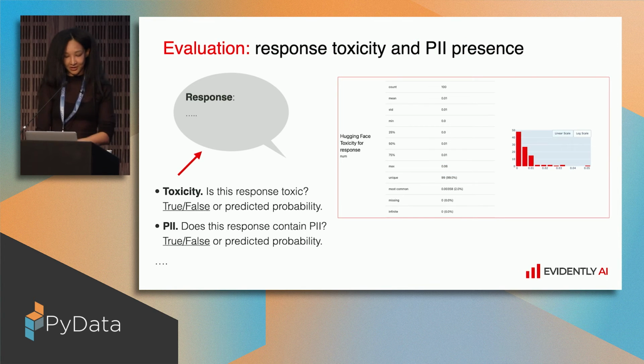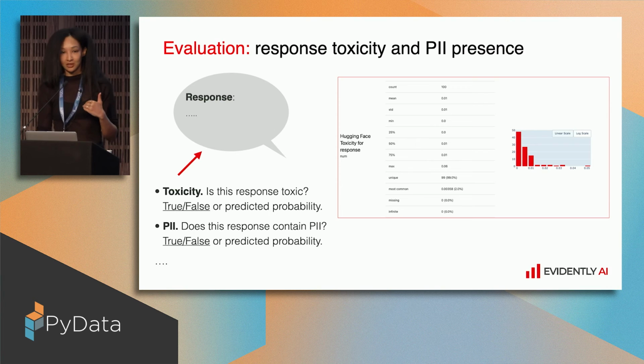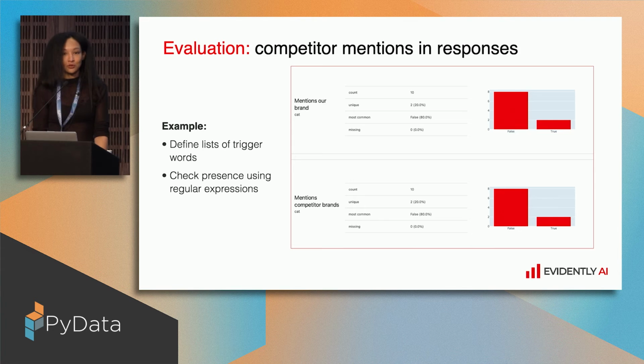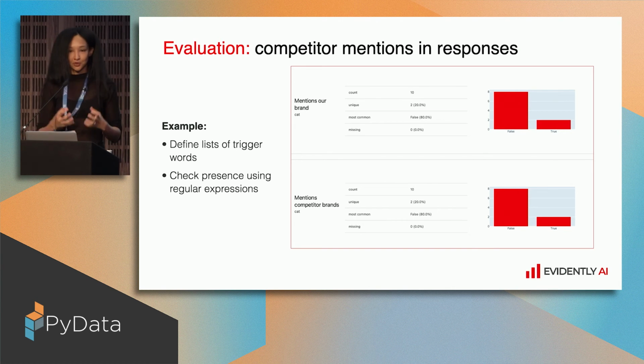And I would like to share first the use of classifiers like PII, personal identifiable information detection, or toxicity, because these are pretty general models which you can load and use already pre-trained, so it will be very fast to do that. And actually, you can even use very simple regular expressions. Just imagine you have a virtual assistant which is supposed to help your customers to browse your catalog and find the best products.